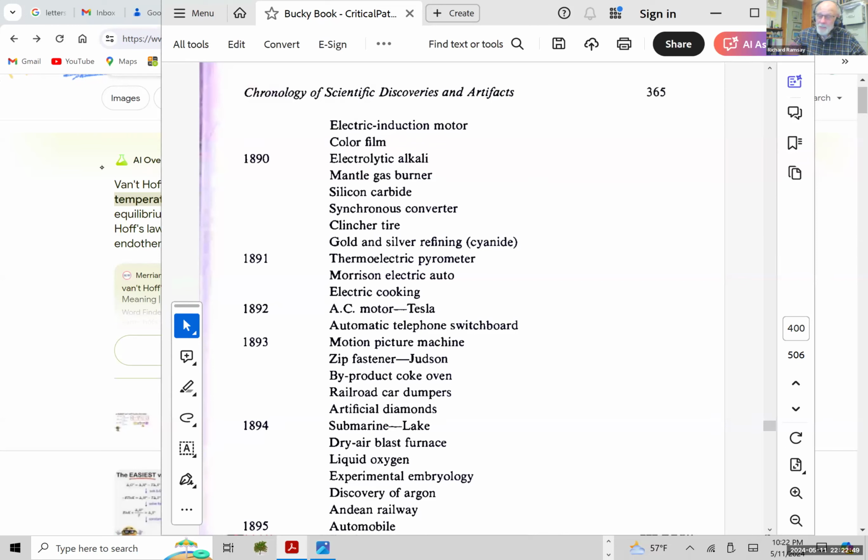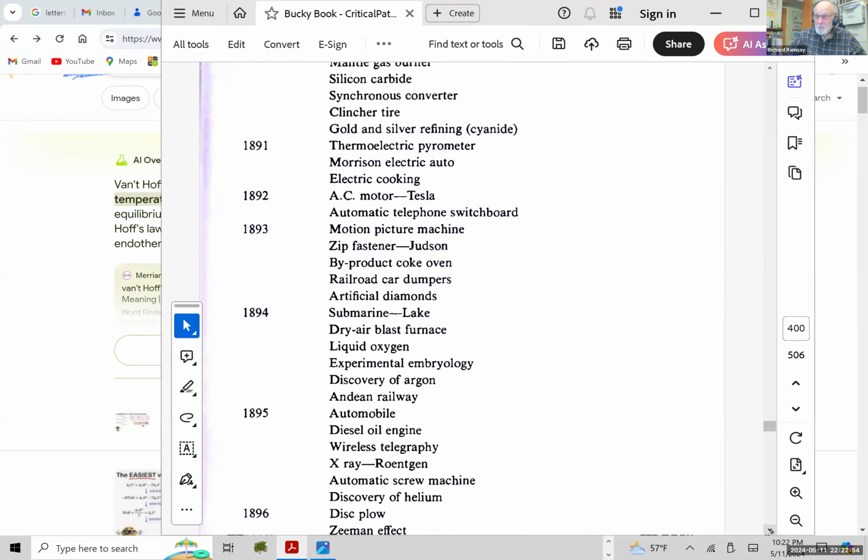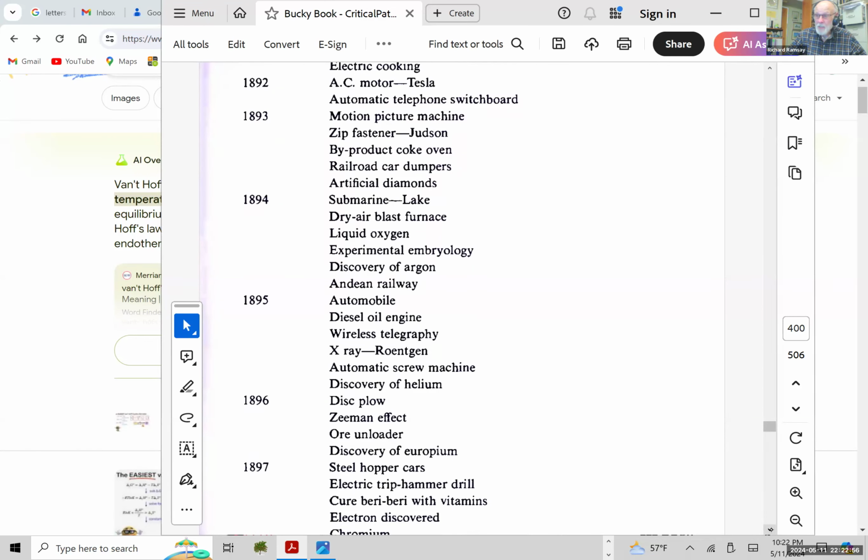But there we are in 1895, and that was the year that Bucky Fuller was born. And so you can see what he wrote about what happened in his year.